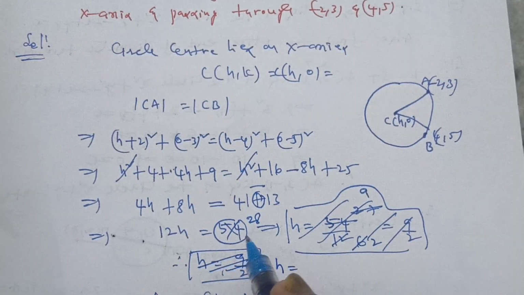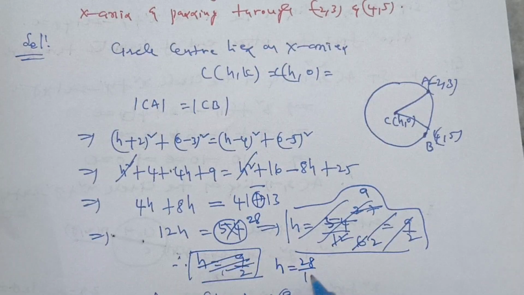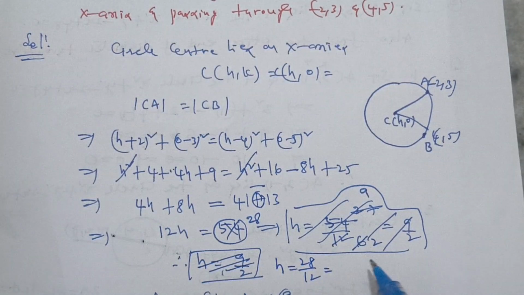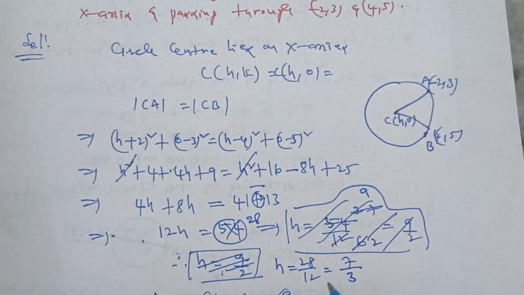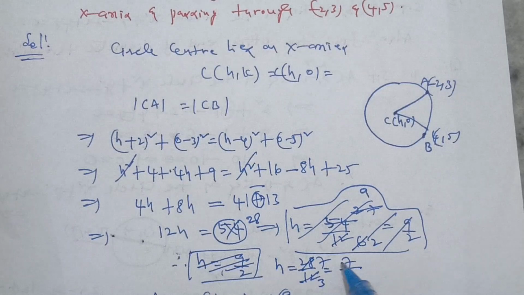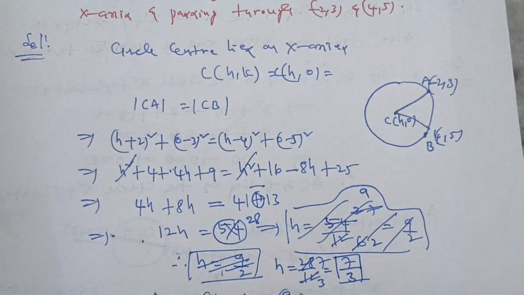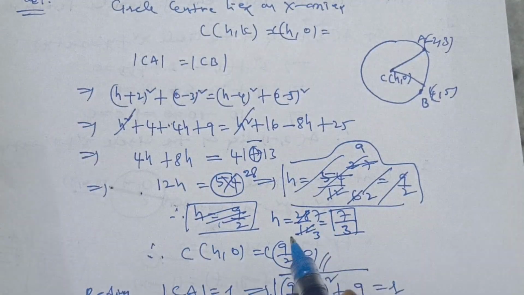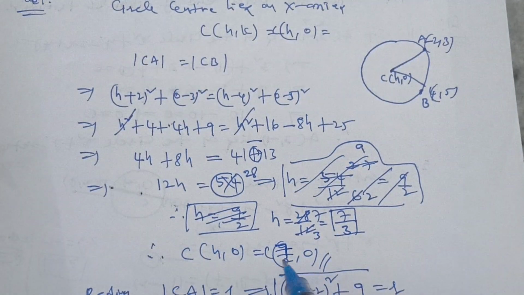That is h equals 28 by 12, which is 7 by 3, since 4 threes are 12, 4 sevens are 28. So h is 7 by 3, not 9 by 2. This is 7 by 3.